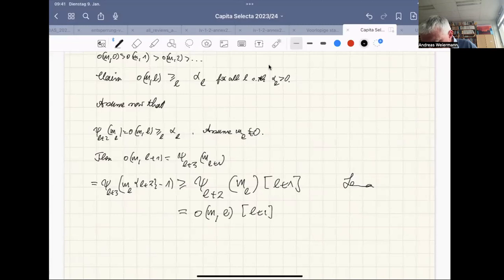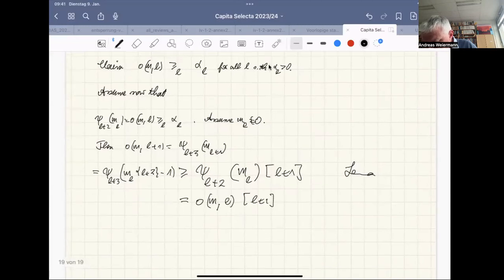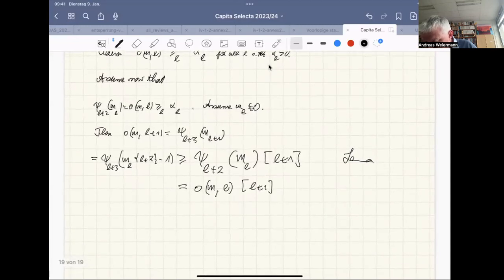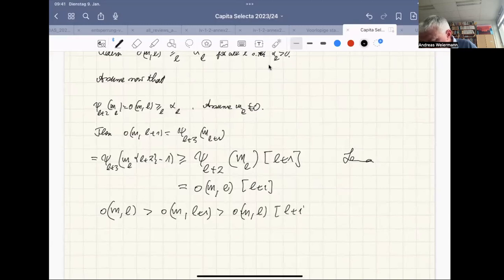So that's good to know because of what? Because we have O of ML bigger than O of ML plus 1 bigger than O of ML at L plus 1.